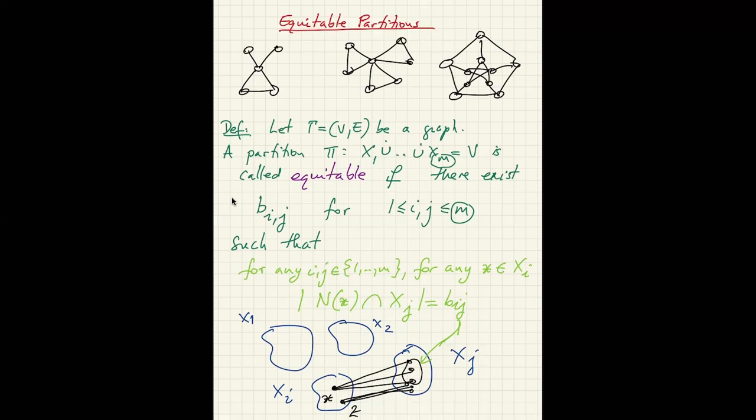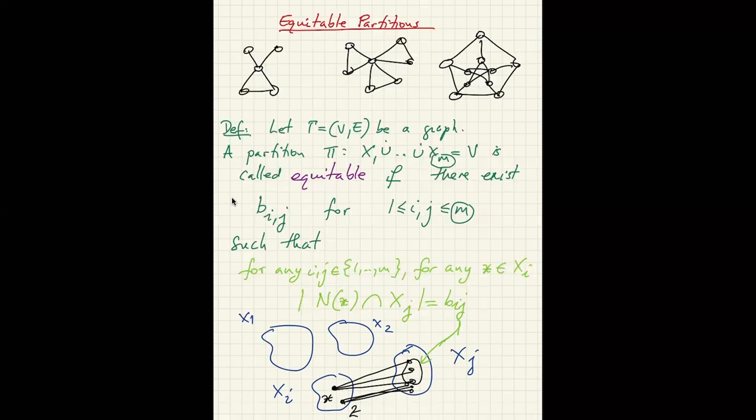You have these m parts, and you have these constants bij that depend just on the numbers i, j between 1 and m, such that no matter how you pick the i and j, and no matter how you pick a vertex x in Xi, the number of neighbors of x that live in Xj is always the same, this number bij.